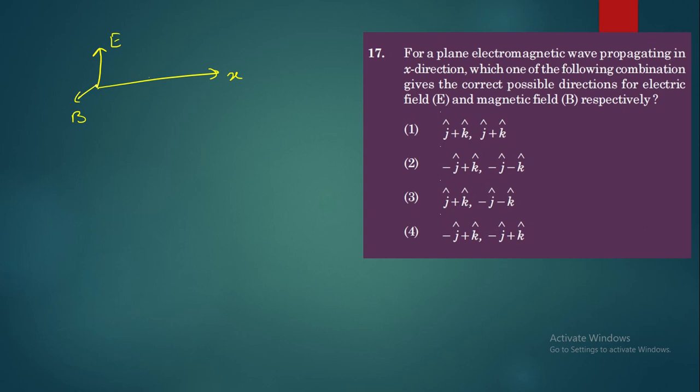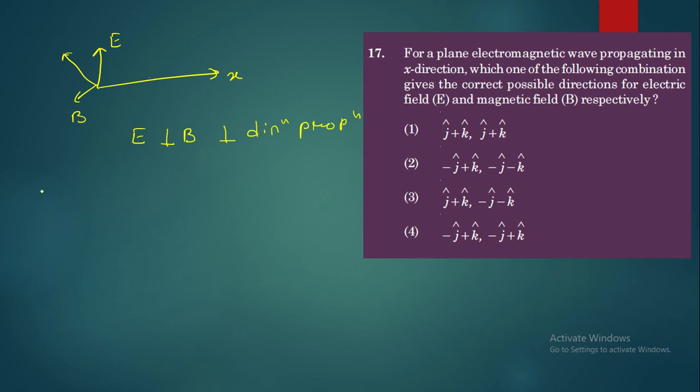Although I have drawn it like this, it may happen that the coordinate axes of y and z are in the other direction, but we must understand that the electric field must be perpendicular to the magnetic field, as well as to the direction of propagation. Whenever two vectors are perpendicular to each other, their dot product becomes equal to 0.